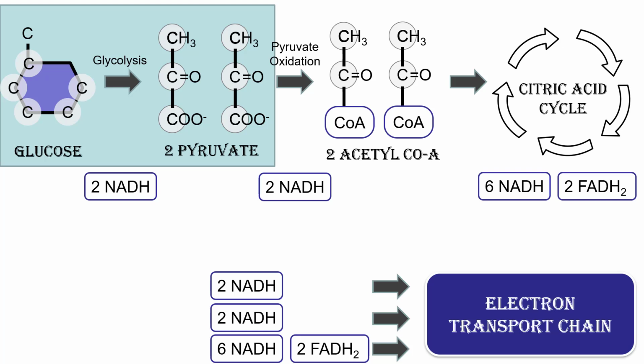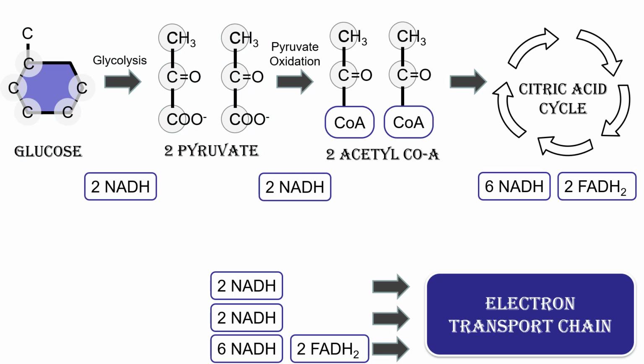Now count the carbons. Glucose starts with 1, 2, 3, 4, 5, 6, and each pyruvate has 3 carbons. So 3 plus 3 is 6. We haven't lost any carbons yet. None of the carbons have been released. That means no carbon dioxide is released in glycolysis.